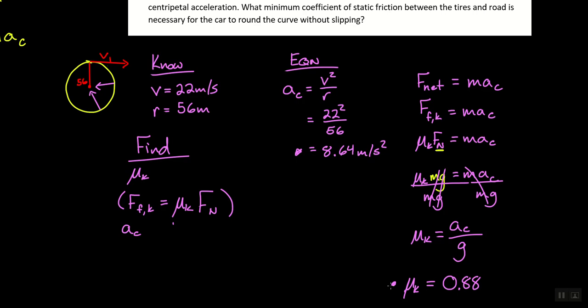And double check, did you get 0.88 or did you get 88? Okay, cool. Awesome. The coefficient of friction between the tires and the road is this. Minimum. Has to be. Cool. There's a little bit of stuff from before that we have to implement in here, but overall this problem doesn't add anything too crazy.